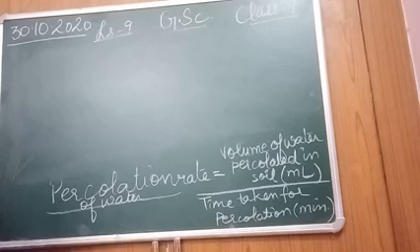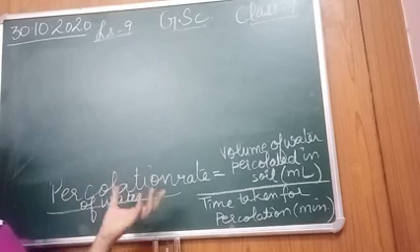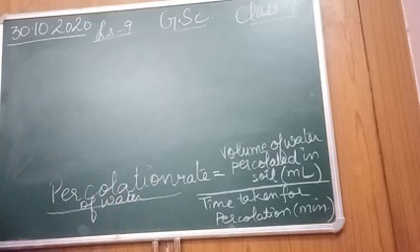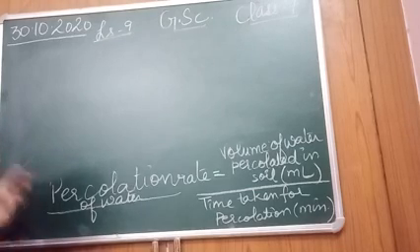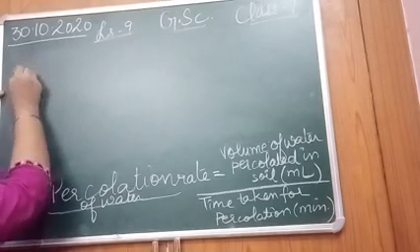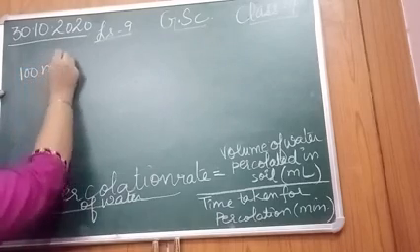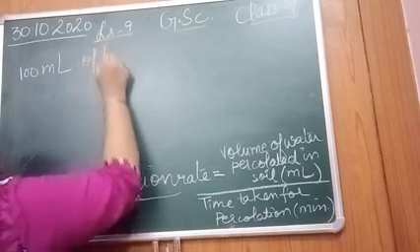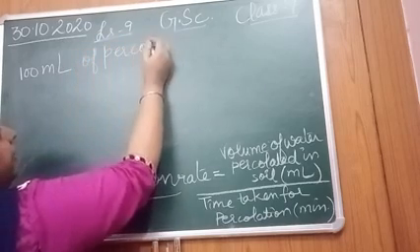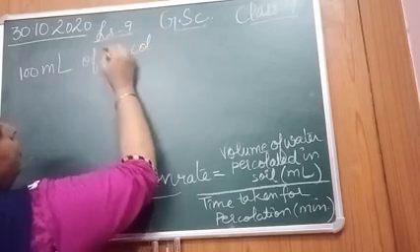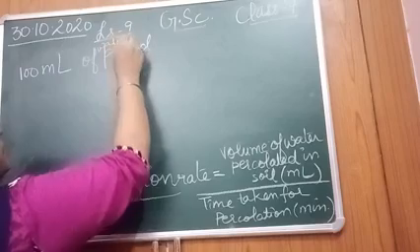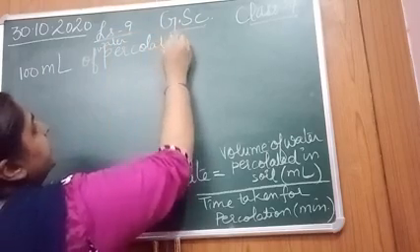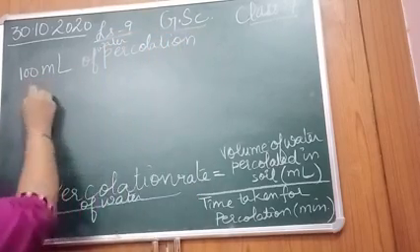So let me give you one example based on this formula, one numerical you have to do. Suppose you take a soil, you add water to it, and after percolation you find out 100 ml of water is percolated. How much water percolated? 100 ml of water is percolated, in 10 minutes.